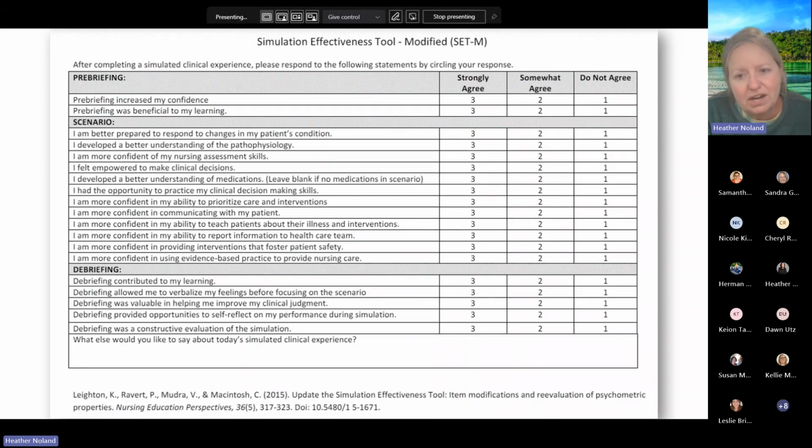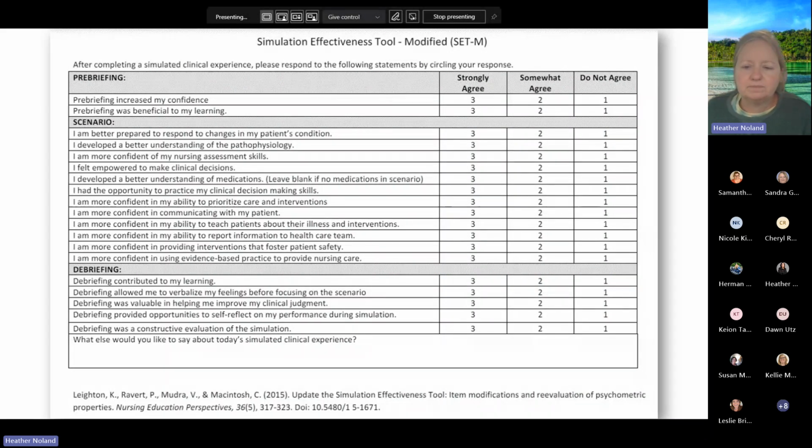This is a very common simulation evaluation tool. It looks at the different aspects of the simulation experience, and looks at the learner providing feedback on how well they felt. And you'll see that there is a Likert scale on the right-hand side that is used, and a little bit of space at the bottom for them to write some qualitative data.